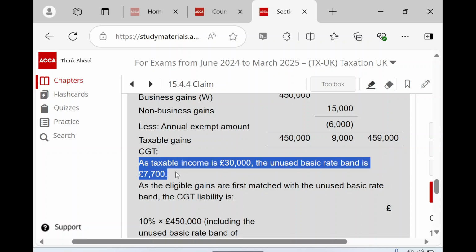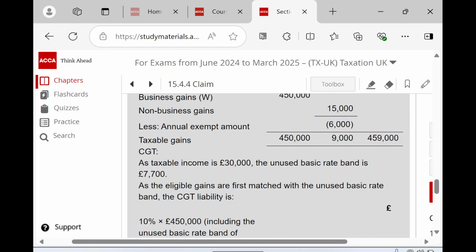We know that the examiner has to supply us with either total or, in this case, taxable income, because income tax impacts upon CGT rates, okay? Now, given that, it's 30,000 in terms of the income, so we know that we have a balance of 7,700. 30 plus 7 is the basic rate band.